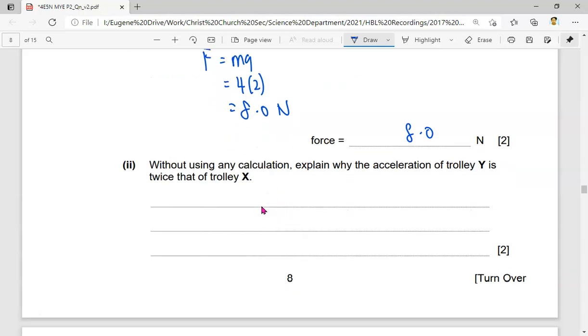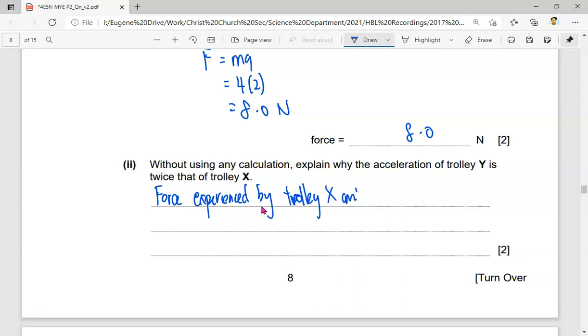So first thing you must establish is that the force experienced by trolley X and Y is the same. You don't need to go into further details. You can just tell me this. There'll be one part to the answer.